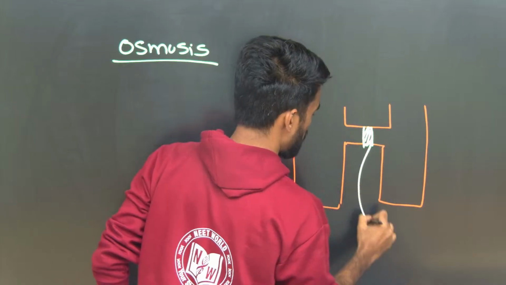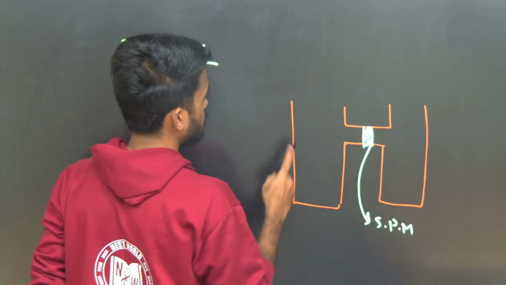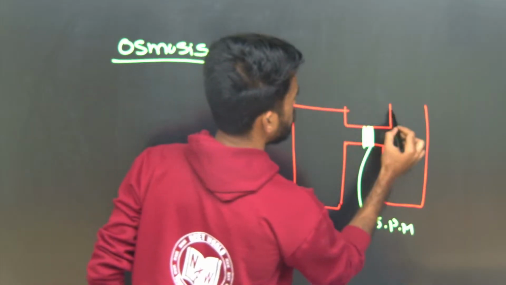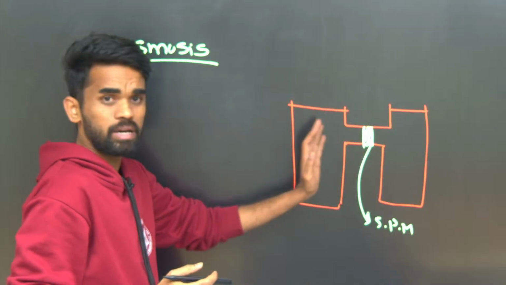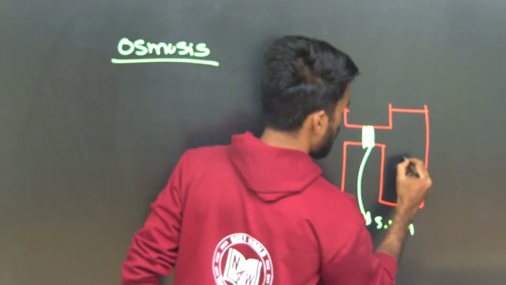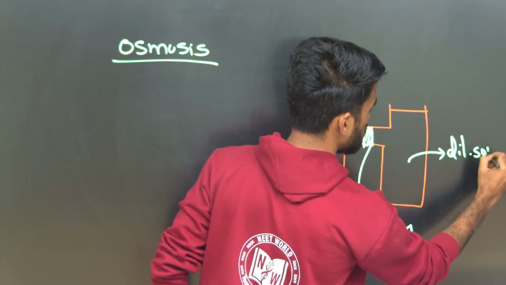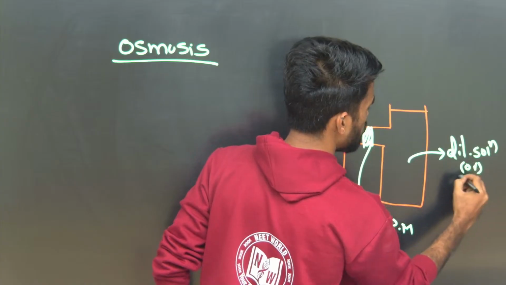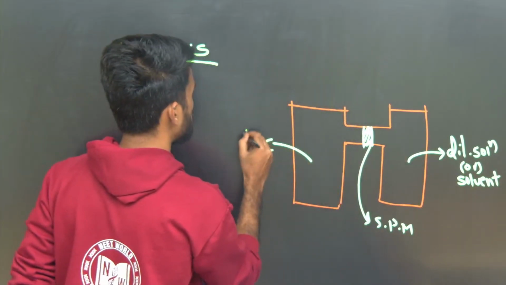This membrane is called a semi-permeable membrane. And here I have two sides now. This membrane is separating the container into these two parts. In the first part, this side has a very dilute solution, or purely pure solvent might be there, and this side I have a concentrated solution.